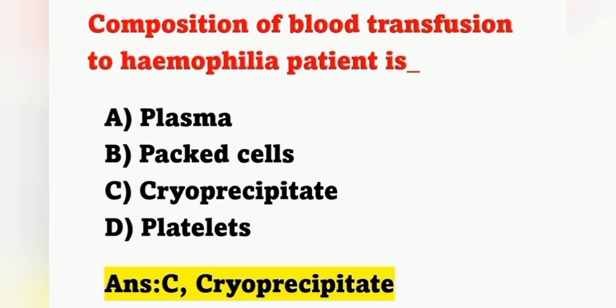Hemophilia is a bleeding disorder in which the patient's body lacks a sufficient amount of clotting factors. So cryoprecipitate, prepared from the plasma, contains fibrinogen and clotting factors, especially factor 8, which is the anti-hemophilic factor, and factor 13, that is fibrin stabilizing factor.